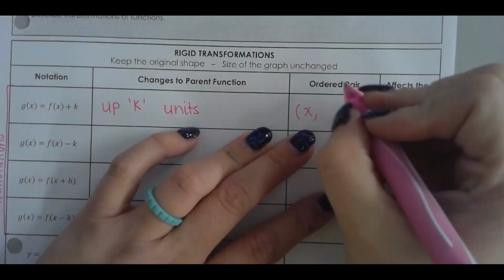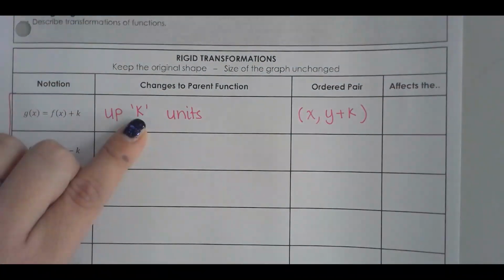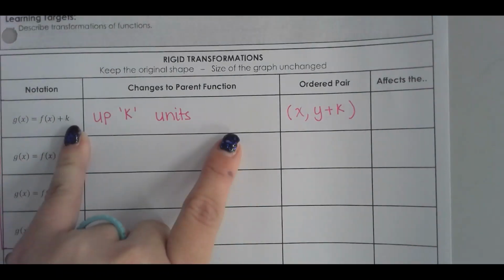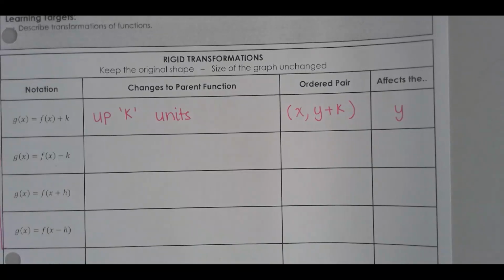Your y, whatever, we would add that k value, that number, to the y. So a translation up only affects the y values.